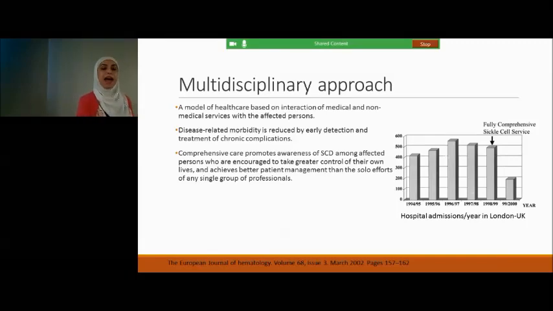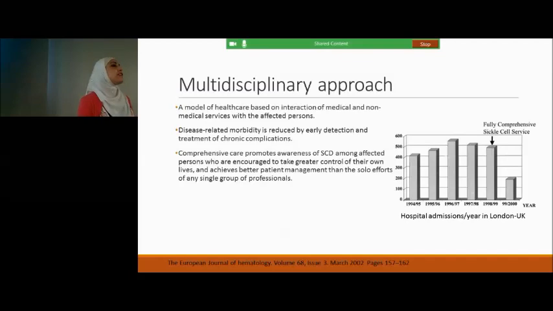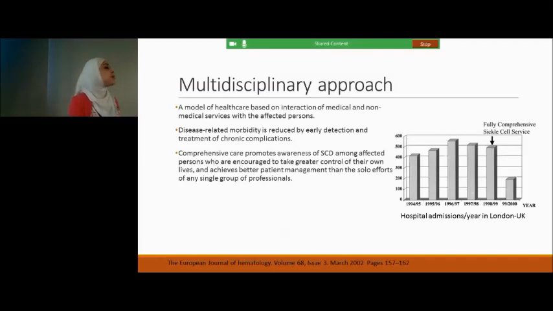If you just look at the rate of hospital admission, how it dropped down significantly after they started the multidisciplinary clinic for sickle cell disease. And there are also other examples of such models in the US, in Bethesda, in Tennessee, in California, among others. And we're trying to be one of them.